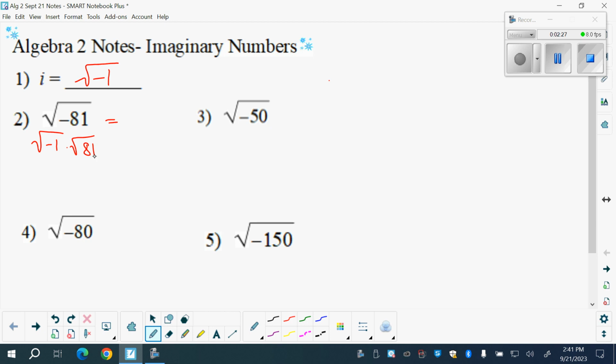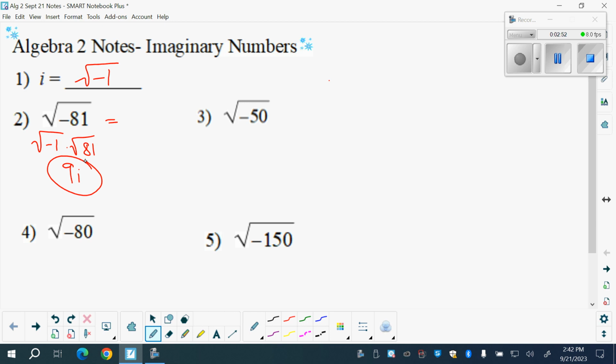And then what's the square root of 81? 9. And then what's the square root of -1? i. So we are going to write it to the right of the number, just like if it were a variable. So we'll write our answer as 9i.